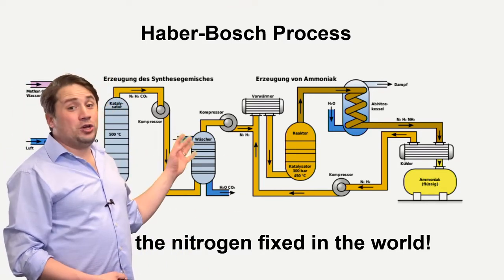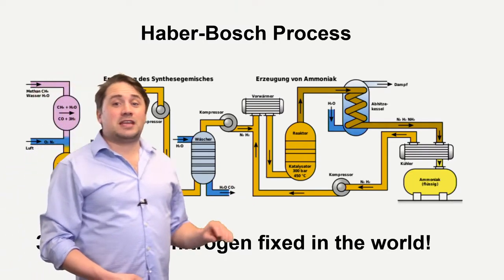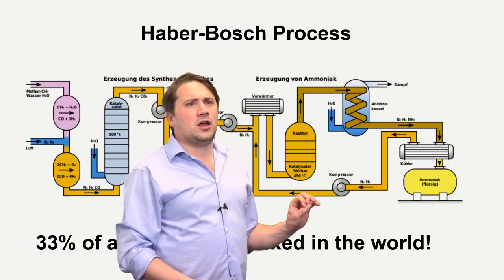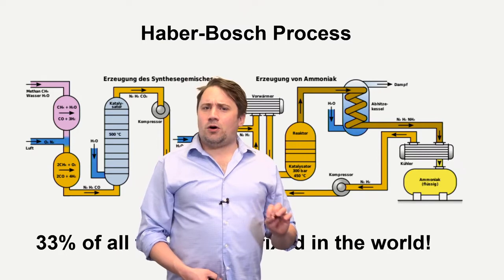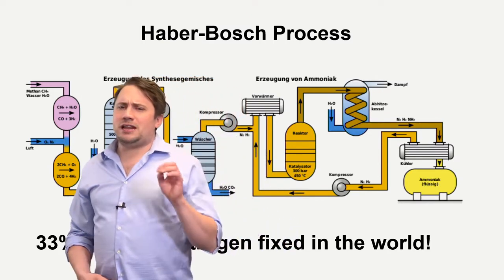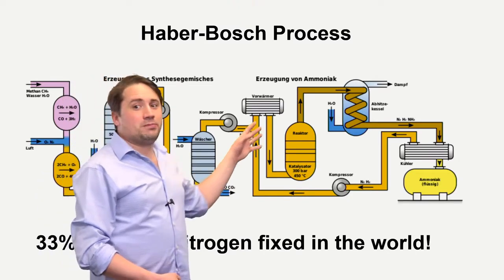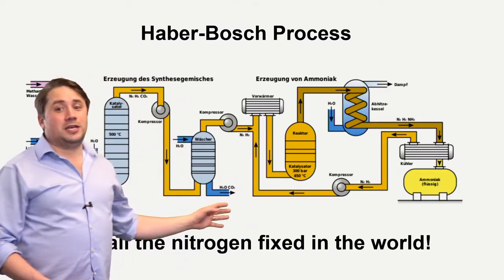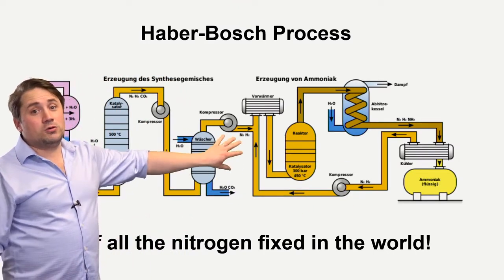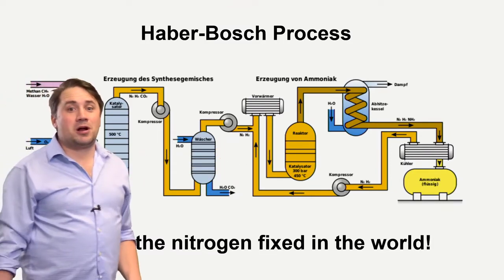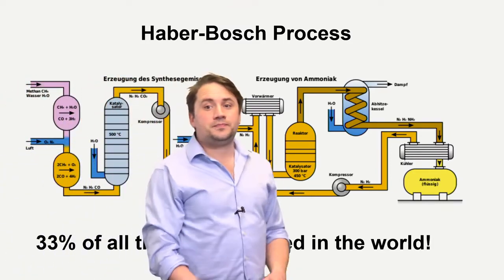This is also a huge use of carbon. I believe that the Haber-Bosch process accounts for like 1 or 2% of all the methane that's used in the world every year. It might even be a little bit higher than that. I'm not sure on those numbers, but it's definitely a very appreciable amount of energy that is produced in the world goes towards fixing nitrogen through this Haber-Bosch process to make fertilizers.